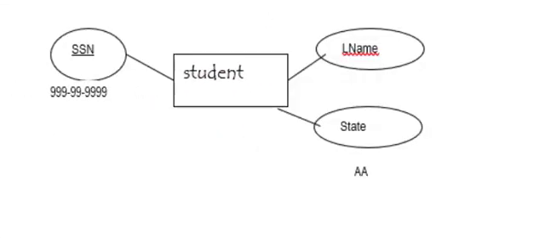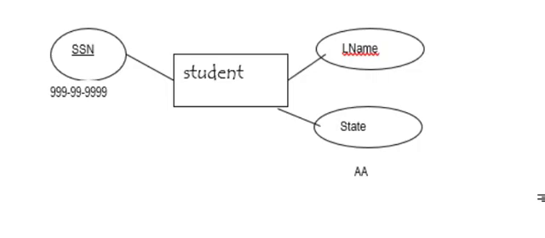Here is another ER diagram adding the state field to student and indicating a domain of 2 characters. But that just simply is not enough because I would be allowed to enter YY, that's 2 characters, but that is not a state. So one thing that database designers will do to make sure that our data is correct is create lookup tables.